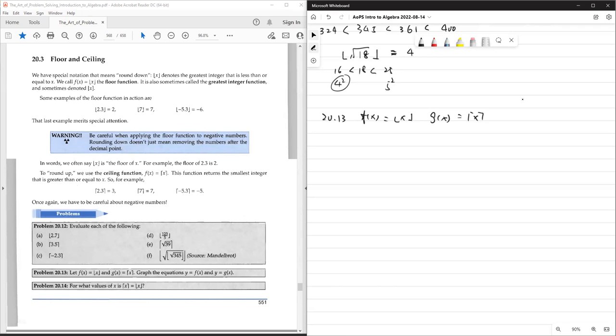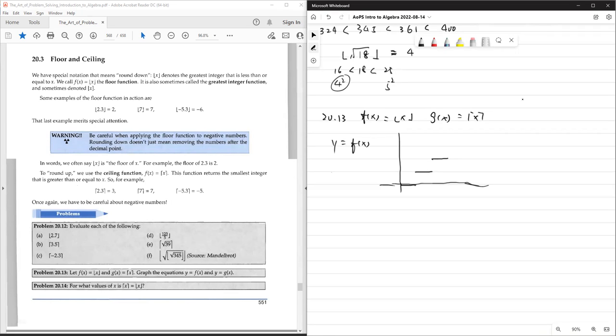If I were to graph y equals f of x, this actually becomes like steps. So let's do this. For everything between 0 and 1, the floor of it will be 0. For everything between 1 and 2, it'd be 1.